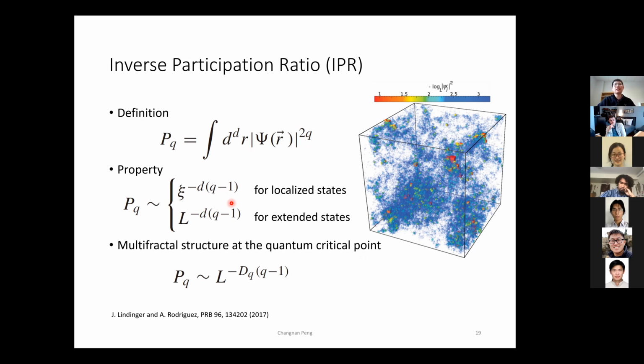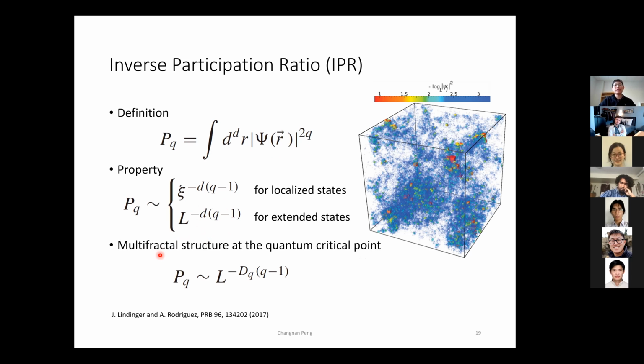You can see the wave function is localized in some finite range, so it doesn't matter how large the entire system is. But if we have extended states, then we have some normalization factors in this wave function, so this inverse participation ratio will depend on the system size in a scaling law.